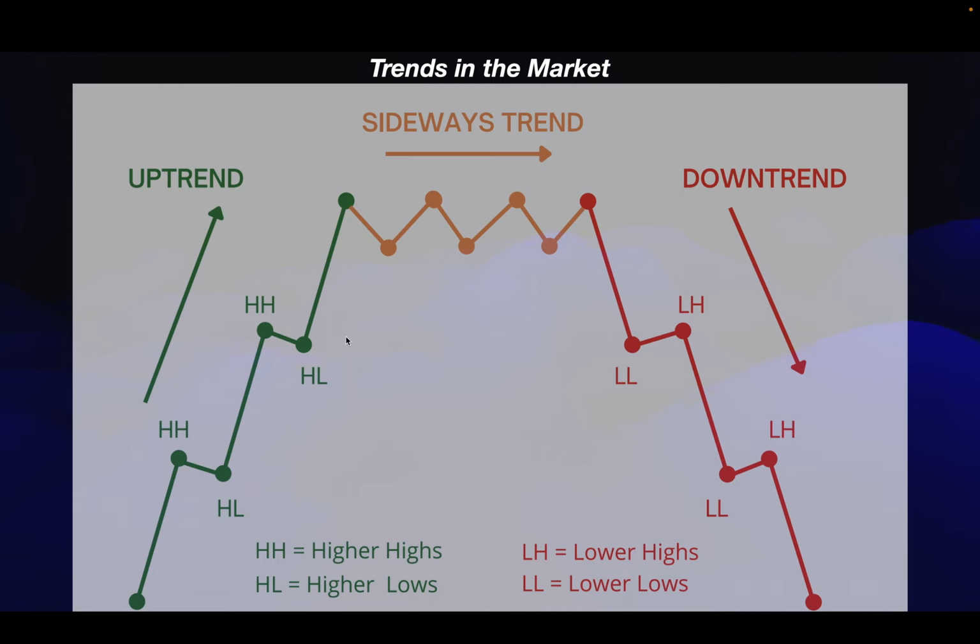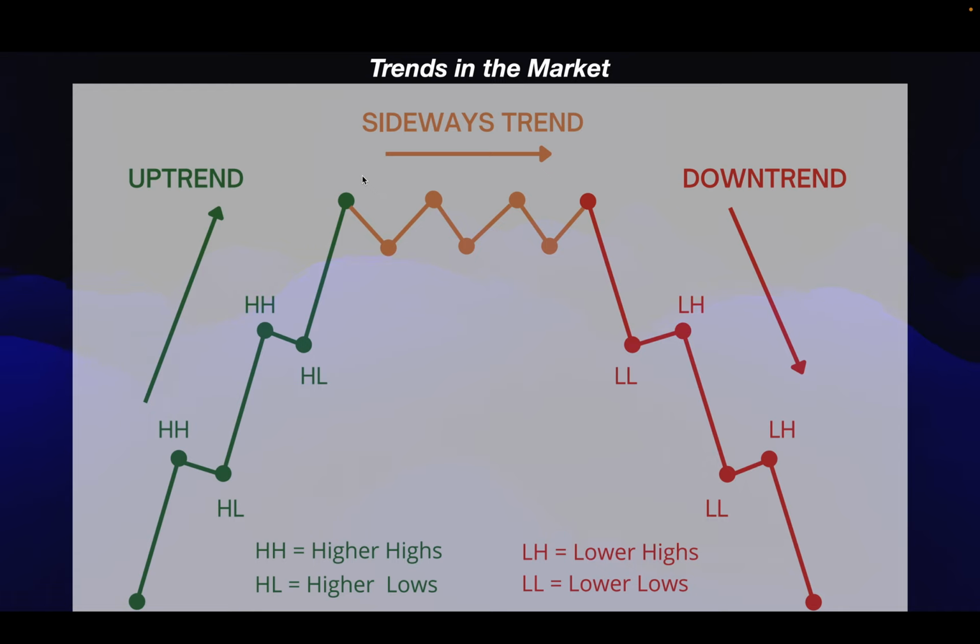Now, this orange thing right here, this is called a consolidation, or as some people might refer to it, accumulation. Price doesn't really do anything around here. As a matter of fact, 70% of the time, price is actually doing this right here. Accumulating or consolidating, however you want to call it.